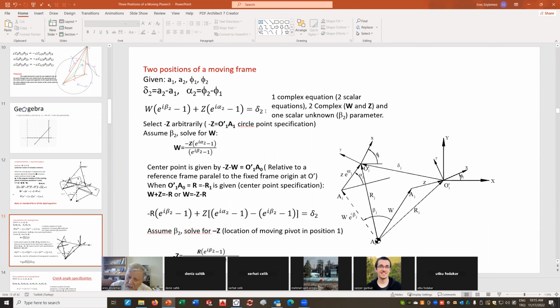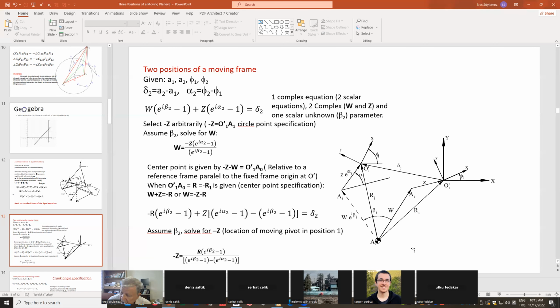Now it is the same thing. If you are given a circle point, minus Z is defined. This length is defined. Correct? If that is defined, you can solve for W. If minus Z is defined, and then you select the beta 2 angle arbitrarily, you can determine W, from which you can determine the center point.